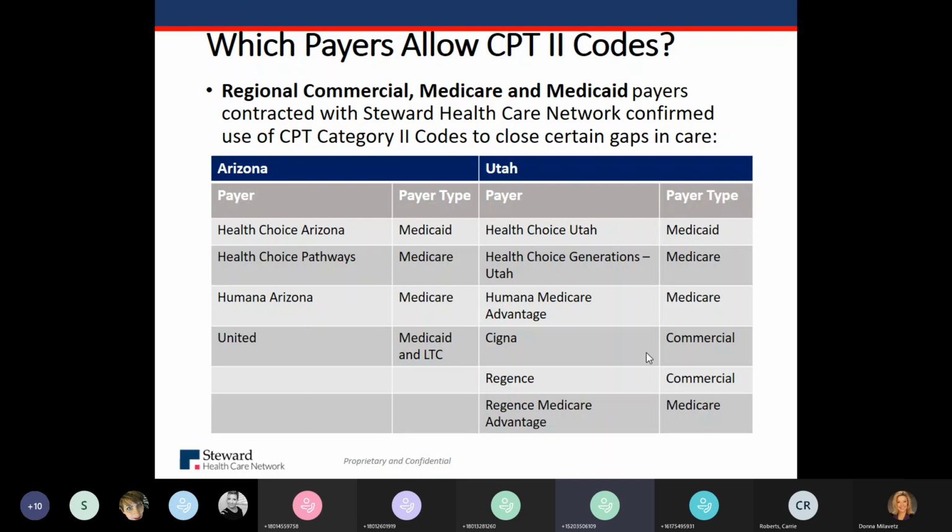In Arizona, some of those would include Health Choice Arizona, Health Choice Pathways, which is the Health Choice Arizona Special Needs Plan, Humana, United, and then within Utah, Health Choice Utah Medicaid, Health Choice Generations Utah Medicare Special Needs, Cigna Commercial, Regent Commercial Medicare, and then again, finally, Humana Medicare Advantage.